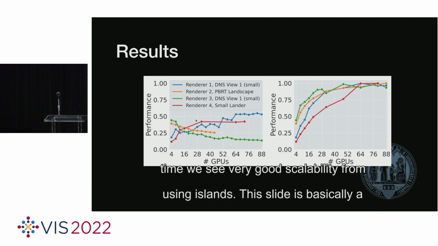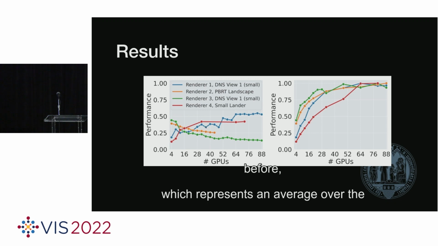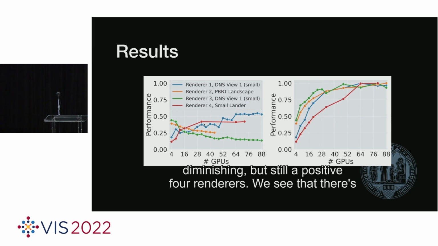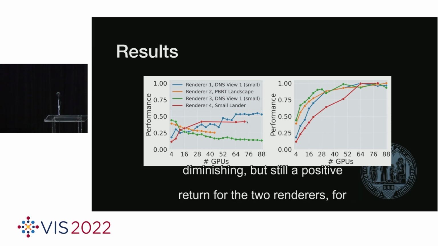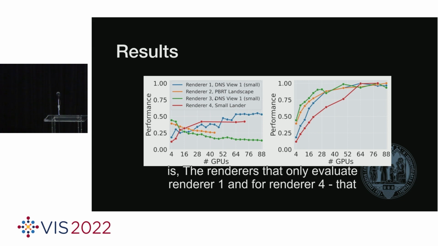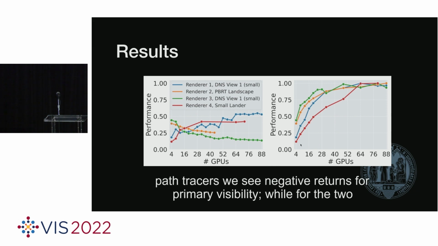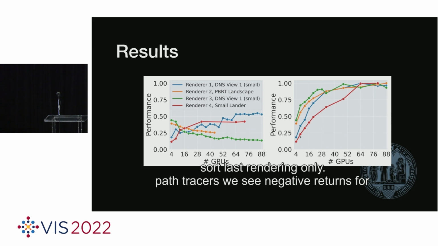This slide is basically a summary of the more complex slide from before, which represents an average over the 4 renderers. We see that there's diminishing but still a positive return for renderer 1 and for renderer 4. That is the renderers that only evaluate primary visibility, while for the 2 path tracers, we see negative returns for sort last rendering only.